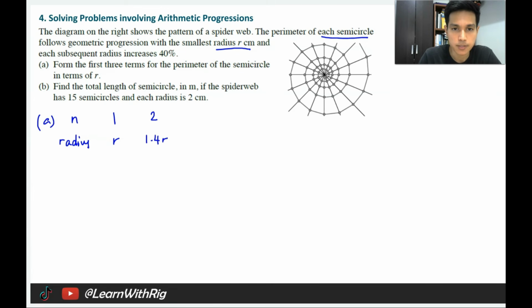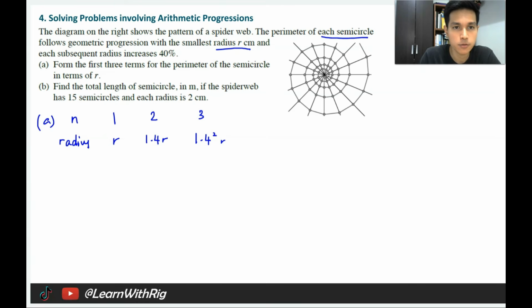Because you're going to take 100% plus 40%. Okay, because you're increasing times the previous radius. So in other words, you get 1.4 R. Okay, so this is your second term radius. And then the third term is 1.4 of the previous term. So in other words, is 1.4 square R.